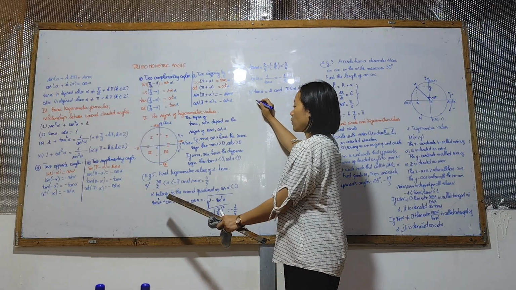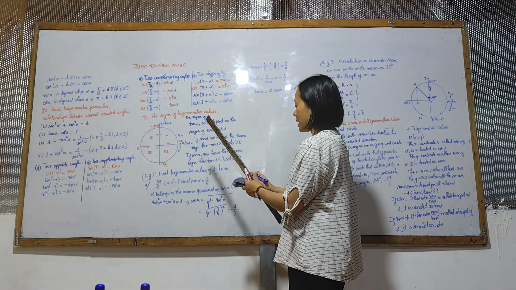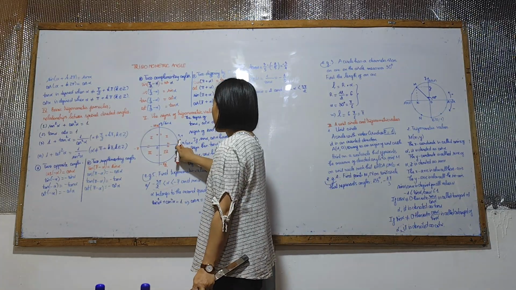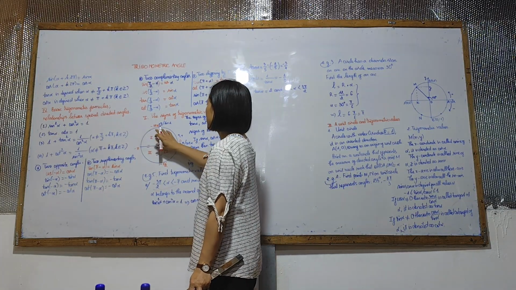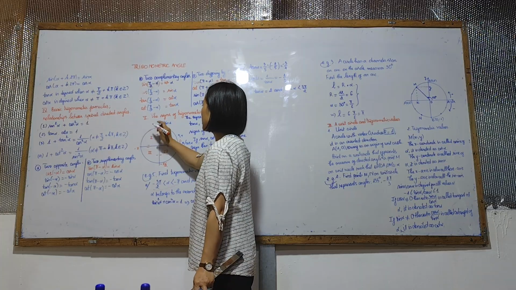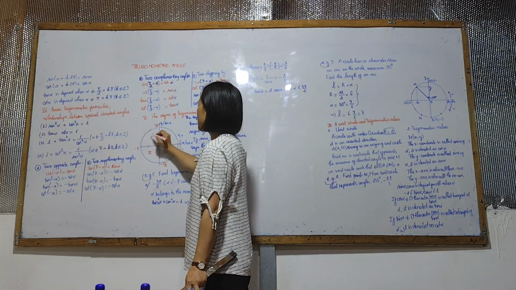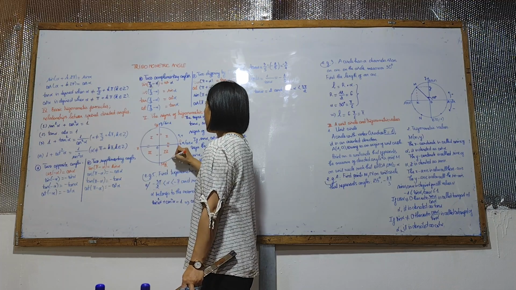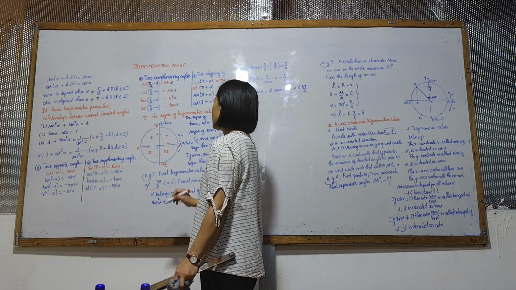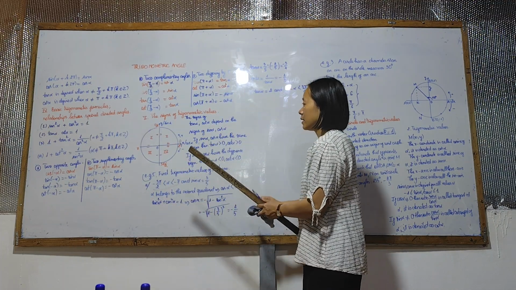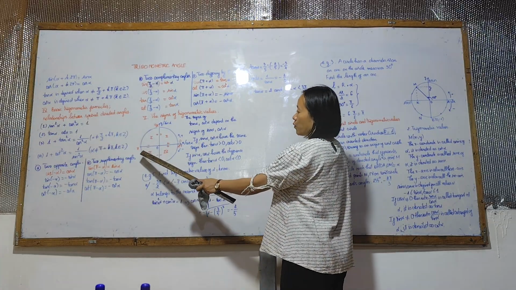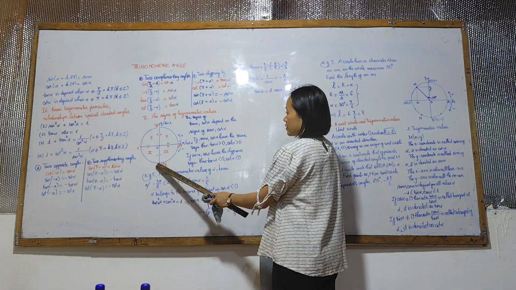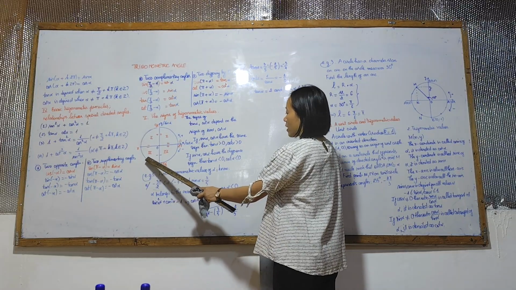Now, step 1, we will find the signs of sine and cosine. Now, I have 0, pi over 2, pi, 3 pi over 2, and this one is 2 pi. And easily we find that alpha belongs to the third quadrant.